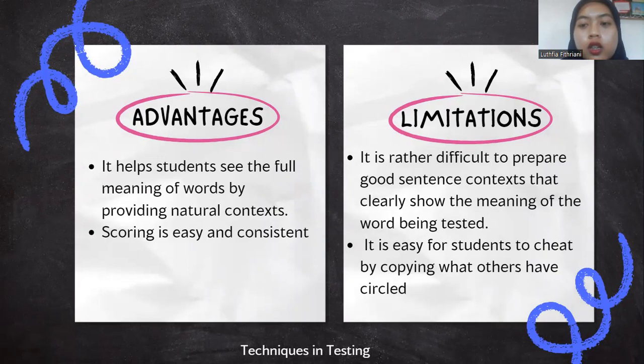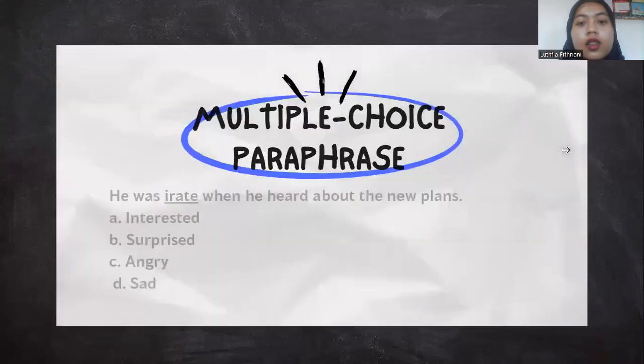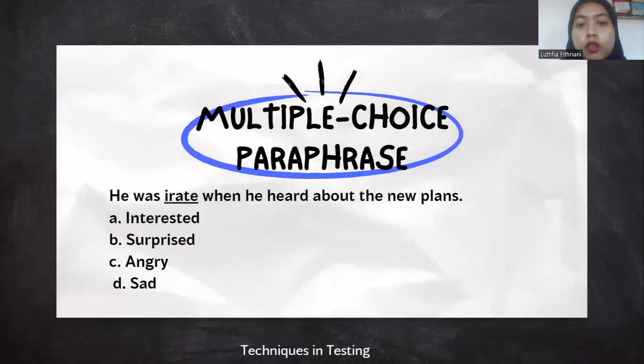On the other hand, the limitations of multiple choice completion include: it is very difficult to prepare good sentence contexts that clearly show the meaning of the word being tested, and it is easy for the student to cheat by copying what others have circled. That is about multiple choice completion.